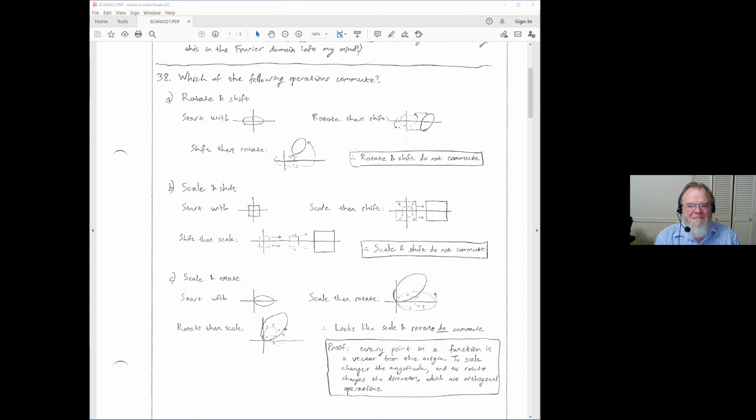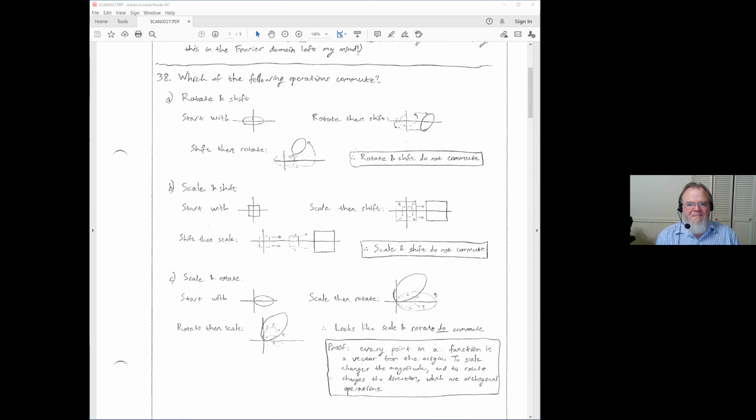Looks like they do the same thing, and I reasoned that this is the case because scaling affects only the magnitude of a vector from the origin to a point, and rotating affects only the direction of that vector.